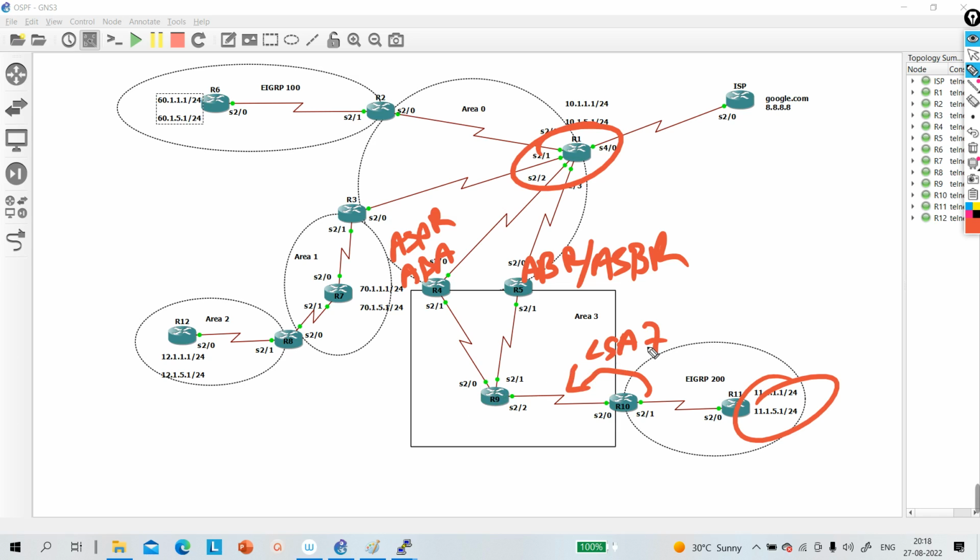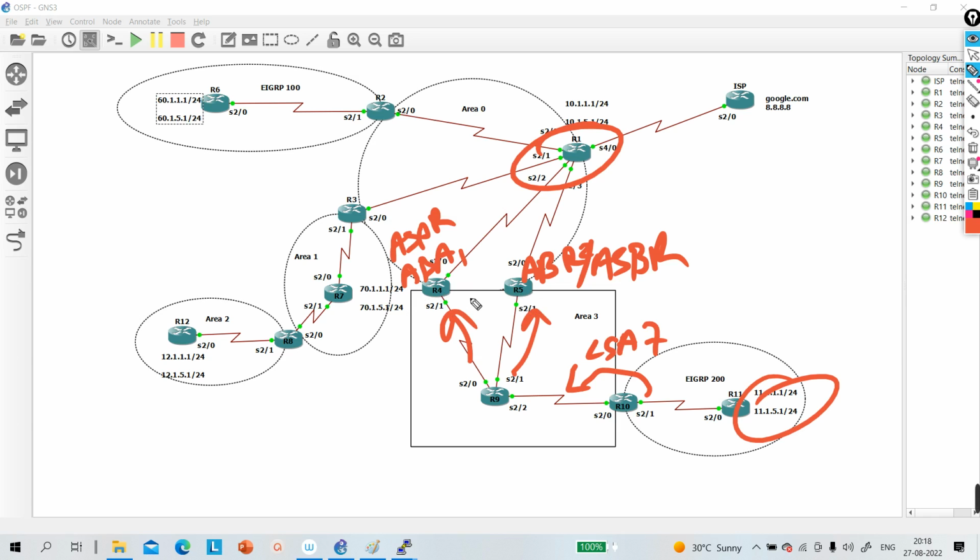Router 9 will receive this LSA 7 and forward it to router 4 and router 5. Now one router out of these two ABRs, suppose this is ABR 1 and this is ABR 2, will relay this LSA 7 to the backbone area, to inter area, to router 1. So router 1 will receive these external prefixes by router 5 only, not by router 4.